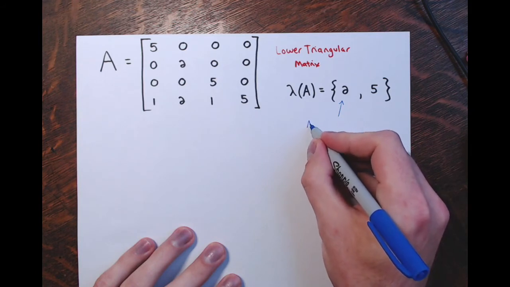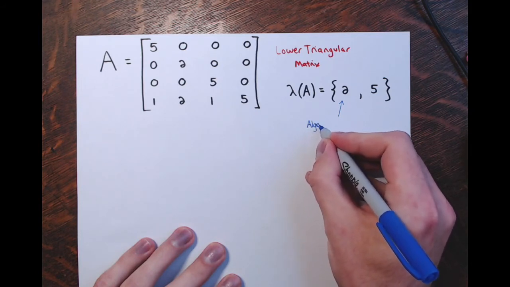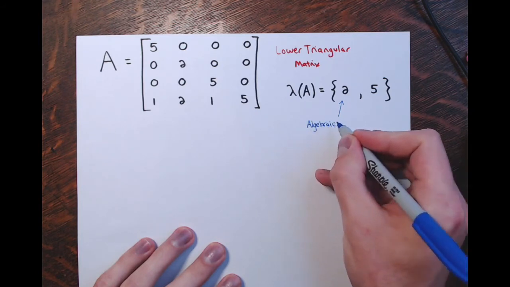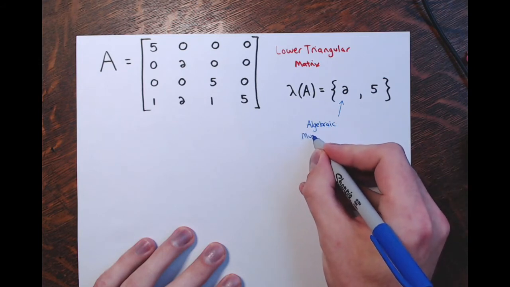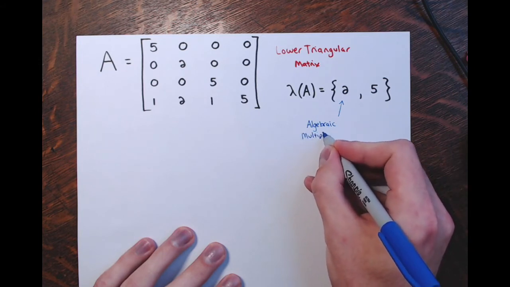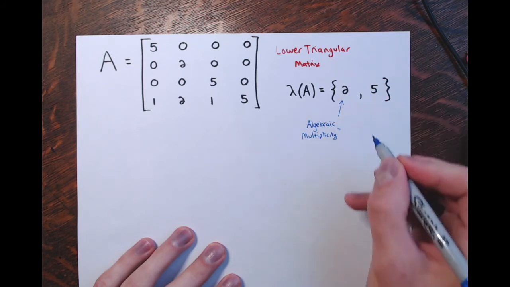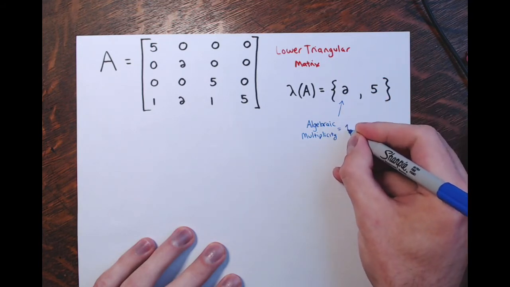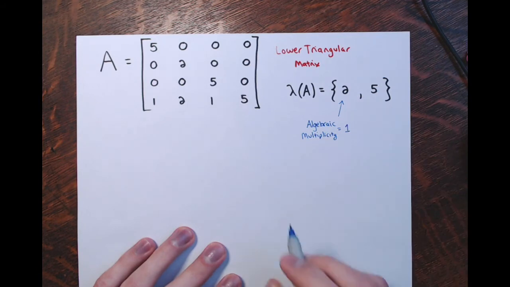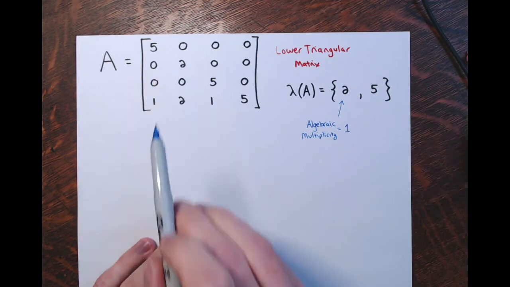So the algebraic multiplicity of the eigenvalue 2 is 1, again because it's only repeating one time.